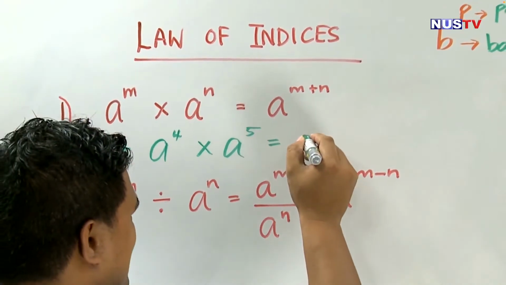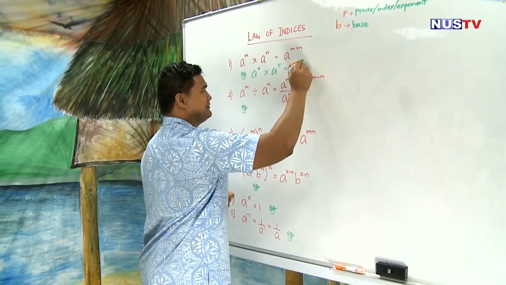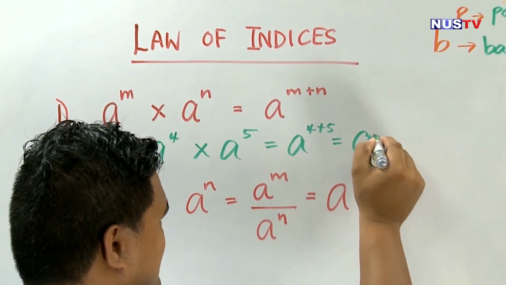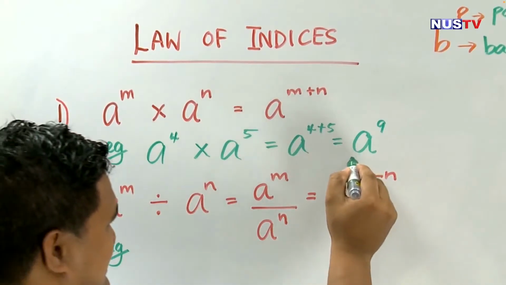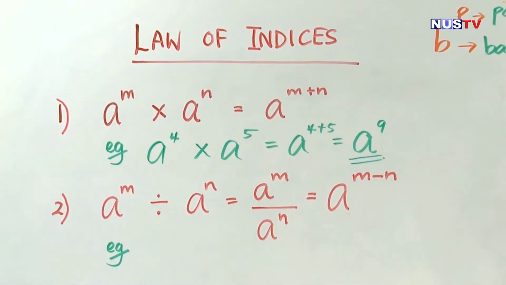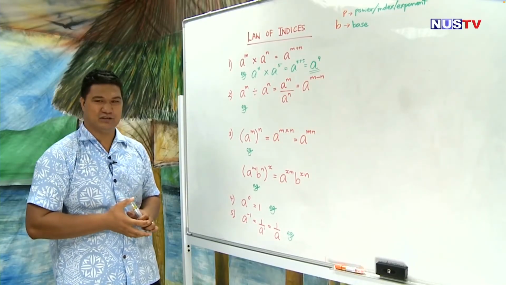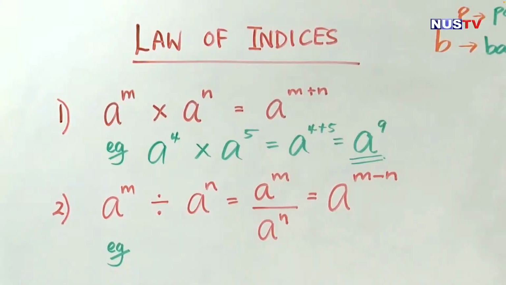Here is how we do it: a to the power of 4 plus 5. Therefore, our final answer is a to the power of 9. So the answer for a to the power of 4 times a to the power of 5 is equal to a to the power of 9. And that is our rule number 1.